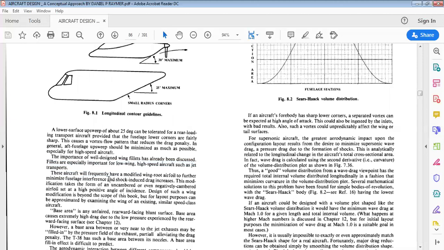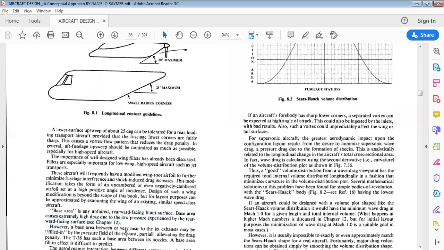These aircraft will frequently have a modified wing root airfoil to further minimize the fuselage interface and shock-induced drag increases. Base area is any unfaired rearward facing blunt surface. Base area causes extremely high drag due to the low pressure experienced by the rearward facing surface.